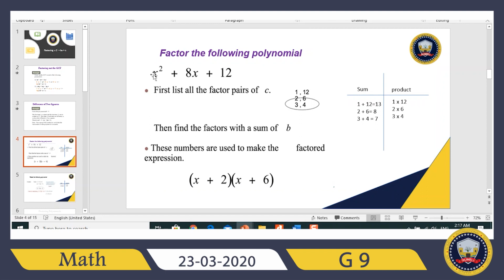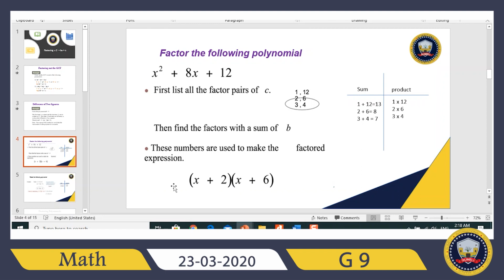First thing, I will open 2 brackets. The first term in each bracket will include x and x. Until now it's very easy. So I will just open 2 brackets as we mentioned in differences of two squares. So just 2 brackets, and I will put the first term in each bracket, the x.